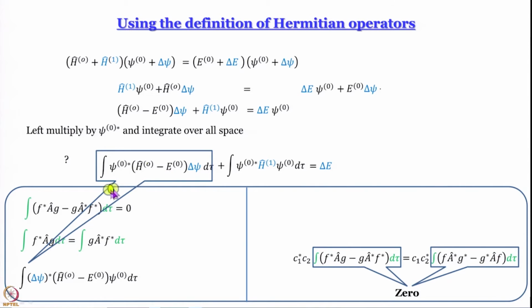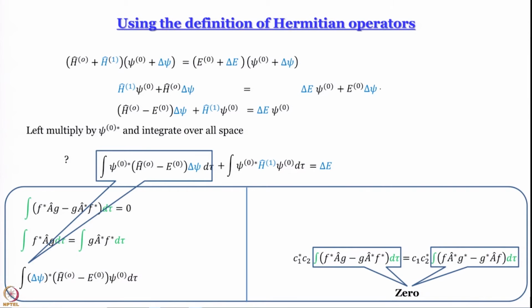So, this integral here gets transformed to another integral where we have this problematic delta psi star factor multiplying an operator operating on its eigenfunction. Now tell me, what is the eigenvalue of this H 0th minus E 0th operator for psi 0th?